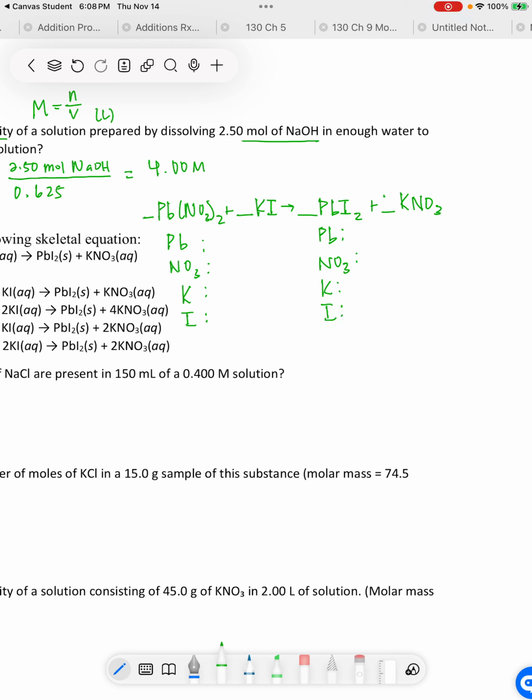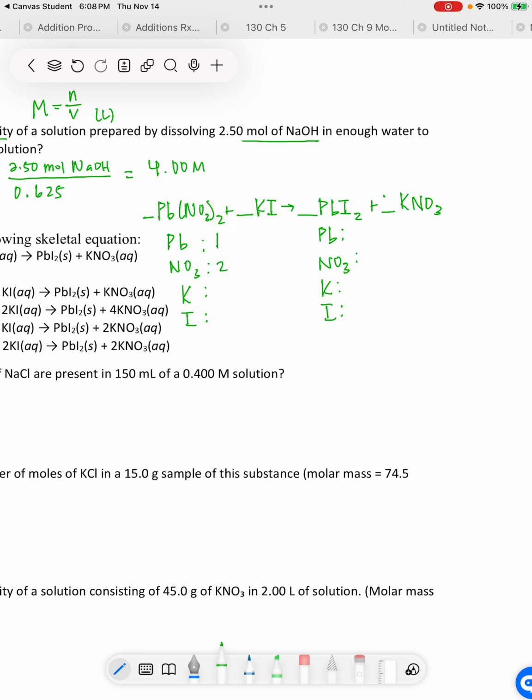Okay, so on the left side we have how many leads? We have 1. Then for the nitrates, we're looking at the subscript that's outside of the parentheses. We want this subscript, because the one inside is part of the polyatomic ion. This one's telling us we have 2 nitrates.